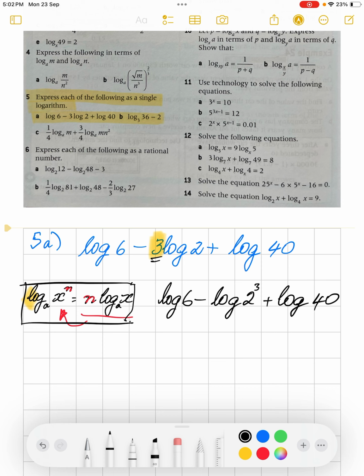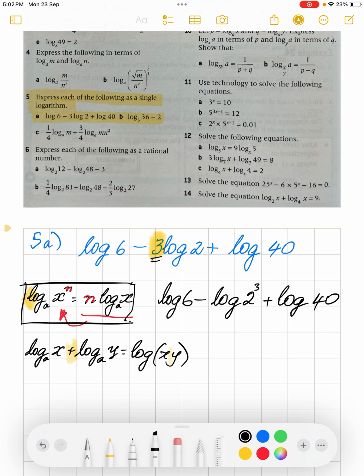The next property I'm going to use is a combination of 2 properties. The log of x to base a plus the log of y to base a equals the log of xy. So when you have a plus in this position, then you multiply the x and the y.